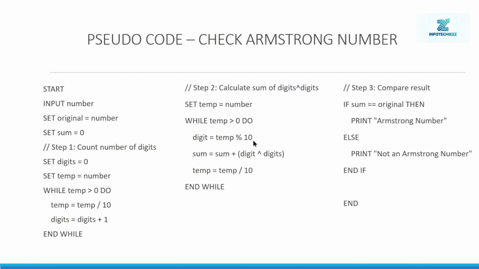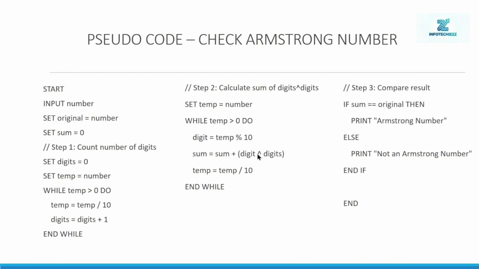In the loop, I'm taking a digit variable and extracting my last digit, and I'm summing with the cube value. I'll do an addition: sum plus digit power digit.